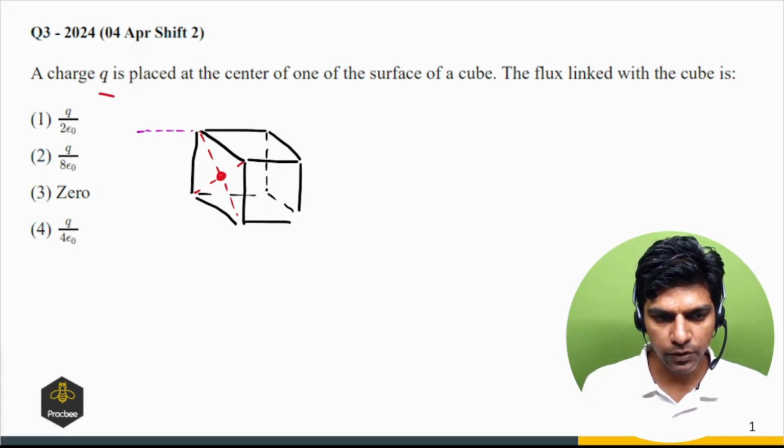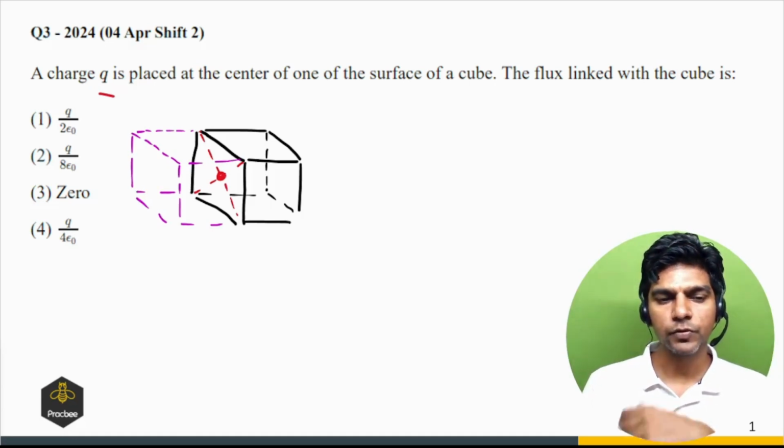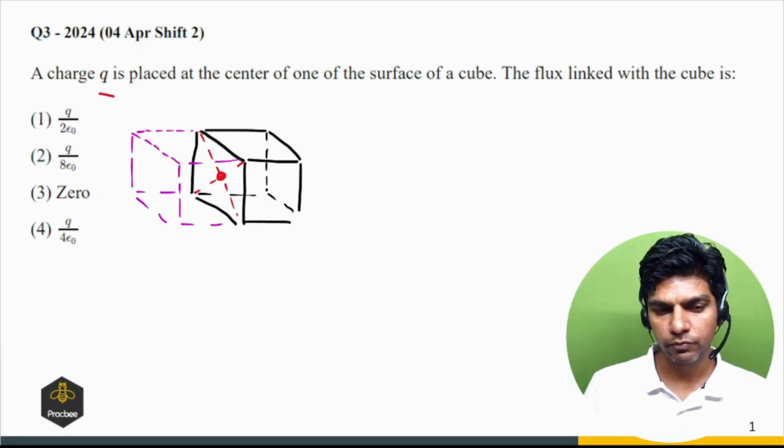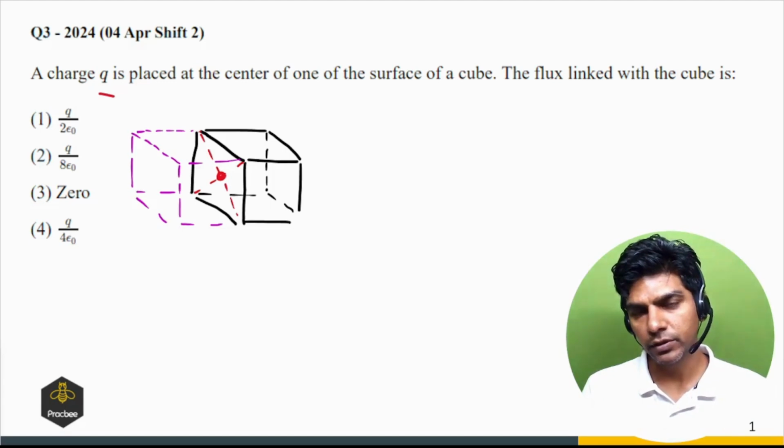So if I consider one more cube at the left, and if we apply symmetry, we can say by symmetry the flux linked with this purple cube will be the same as the flux linked with the black one.